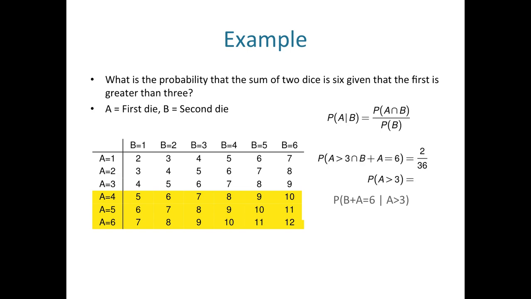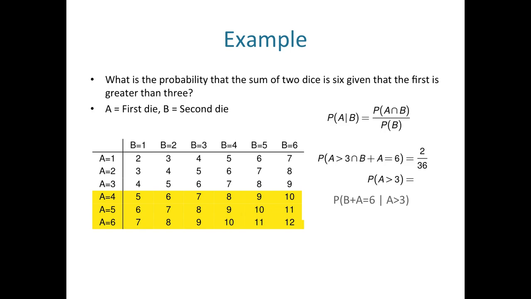How do you solve this? First of all, we need the probability that, with A, the first dice, larger than 3, the sum is equal to 6. We need to take a look at the bottom part of the table. The last three rows of the table, A equals 4, A equals 5, A equals 6, represent all the possible values for which the first dice is larger than 3.